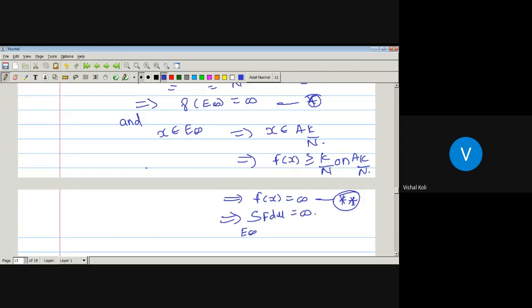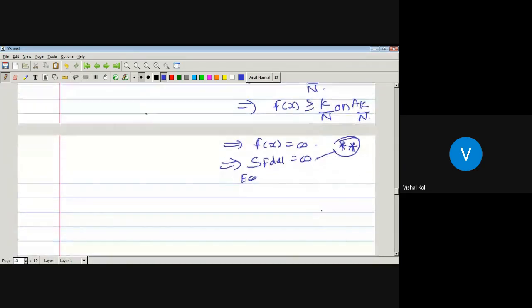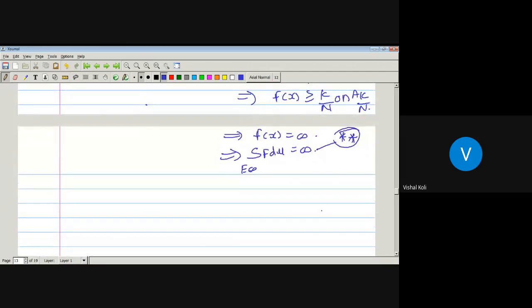Now, as both are simultaneously infinite, they must be equal, which implies gamma of E infinity is equal to the integration over the set E infinity of f d mu.